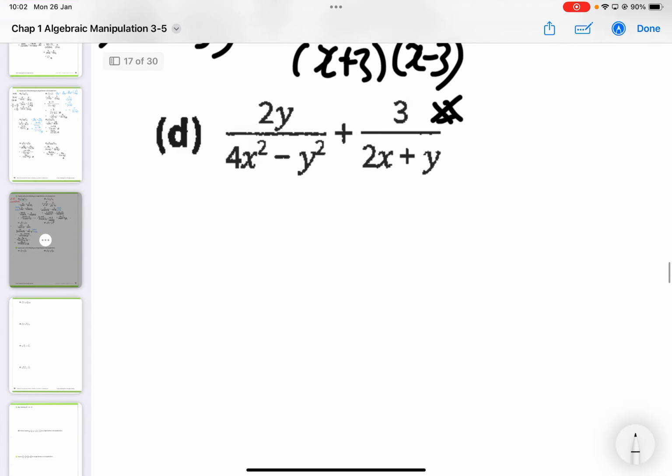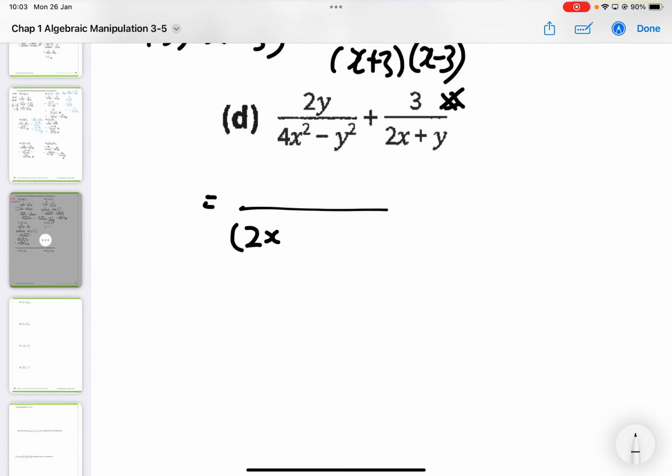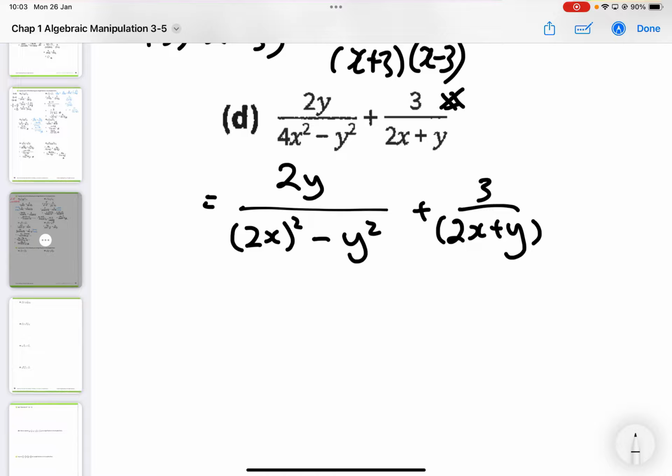Part D. 4 is the same as 2 squared. X squared is x squared. So I can write the front as 2x being squared minus y squared. Okay? Then again, it's a difference of squares, something squared minus something squared.